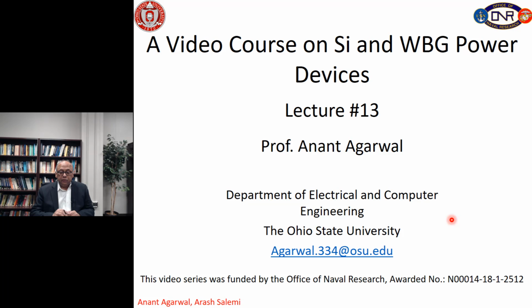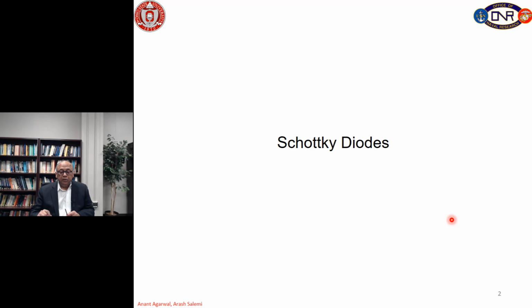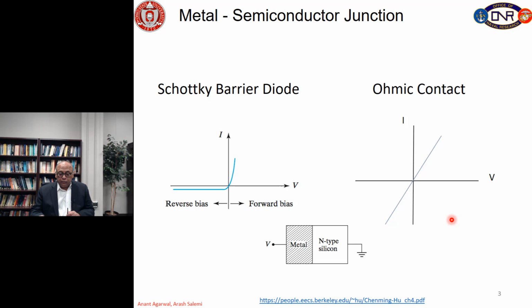Today, we introduce a new topic, and the new topic is Schottky diodes. This is a different diode than the PN junction diode we have been studying. The Schottky diode was invented by Walter Schottky.